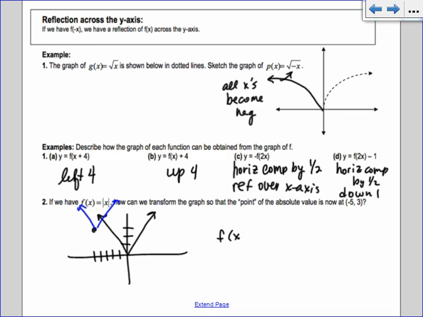What do we do to the x values? Yeah, we go left 5. So in the absolute value, we're going to have x plus 5 to go left, right? And then we want to go up 3. So we just tack on a plus 3 on the very end. That's it. The absolute value of x plus 5, plus 3.